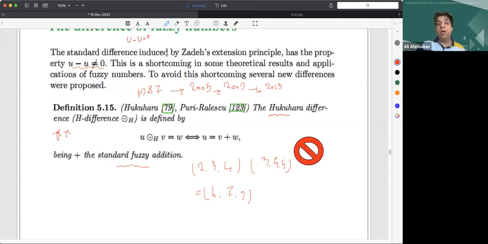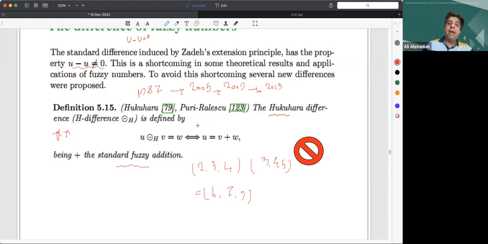While if we consider this as an operator function over a fuzzy number, we find that it's not equal to 0. You can find the details of why we reach this inequality in the three books that I introduced to you.